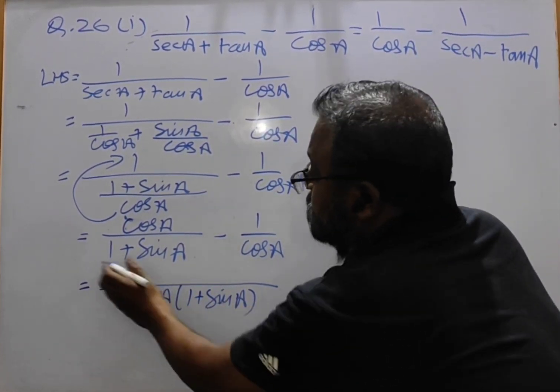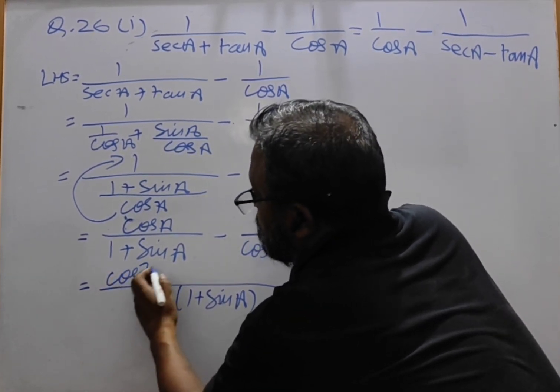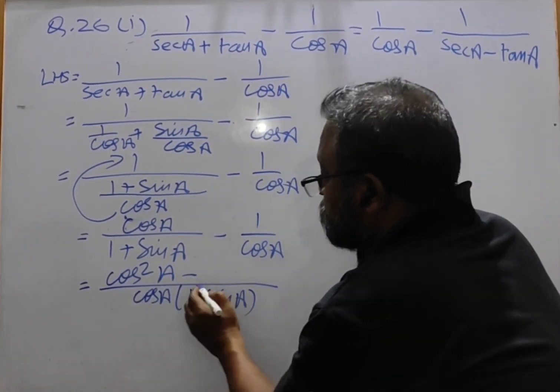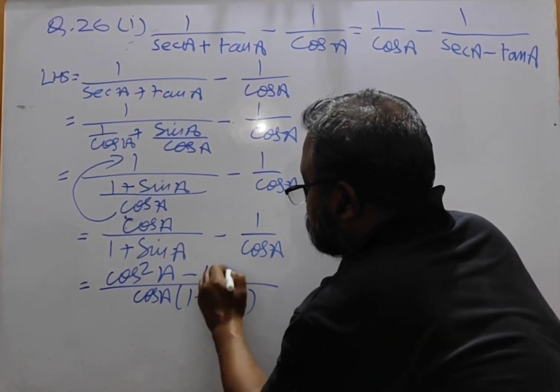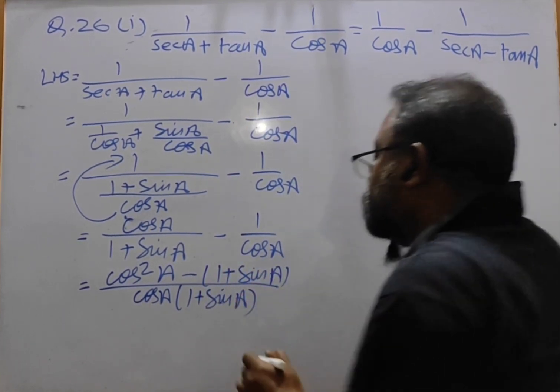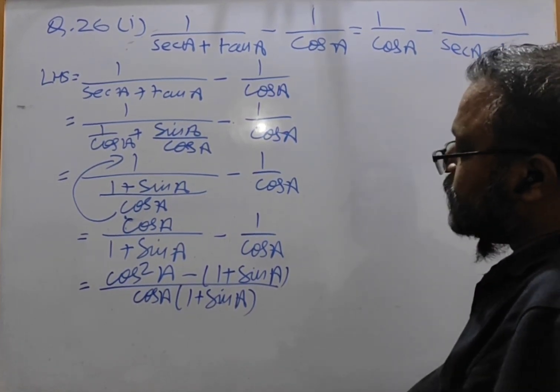So 1 plus sin A is cancelled out. You get cos square A minus, cos cancels, you get 1 plus sin A. I hope you understand.